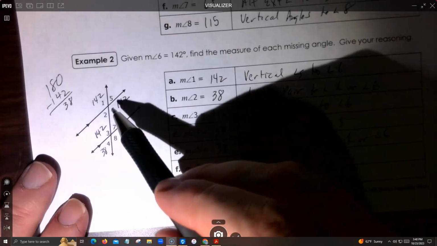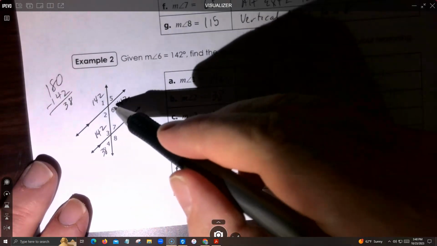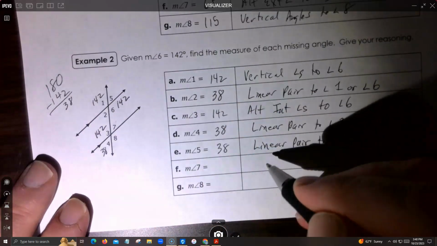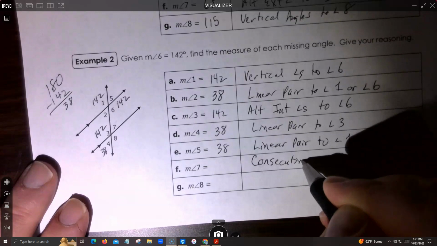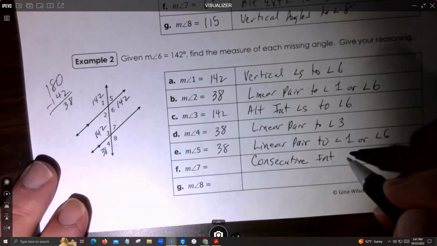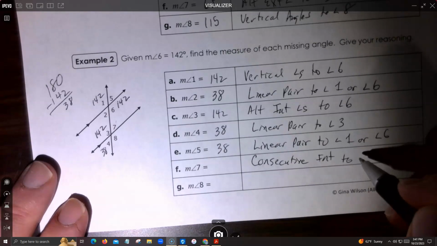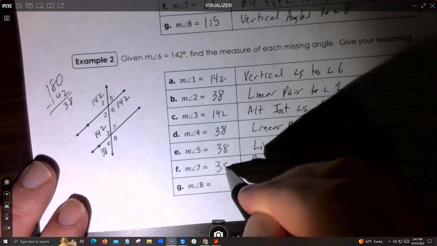Okay, number 7. Let's do something other than linear pairs. Let's do something even better. If I have 6, 6 and 7 would be considered, because we haven't used it before, consecutive interiors. Consecutive interior to 6. And that, again, is going to be 38.